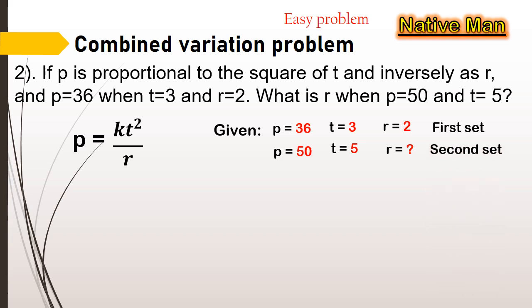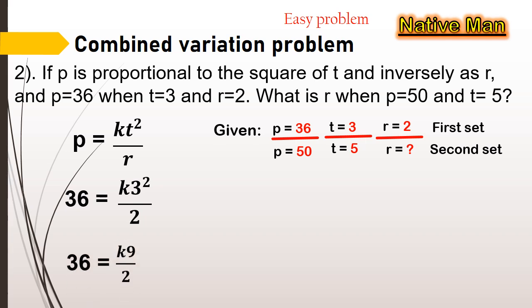Okay, solve na po natin yung constant of variation by using the first set. So, P is 36. So, 36 is equal to, so T is equal to 3 and R is equal to 2. So, K, 3 square over 2. So, simplify natin yung 3 square. 3 square is 9. So, K9. So, 36 is equal to K9 over 2.